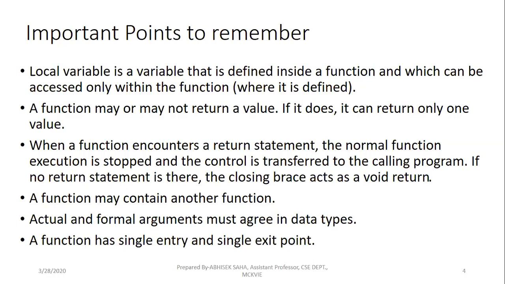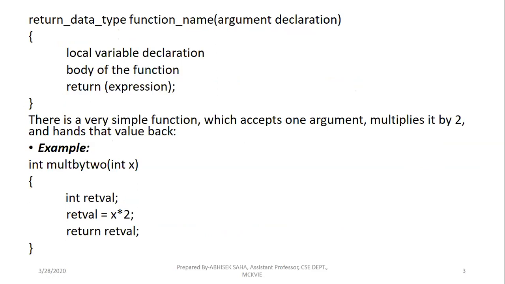If no return statement is there, the closing brace acts as a void return. If the function does not return any value, the return data type of the function must be void. I will show you some programming examples after discussion of this slide.